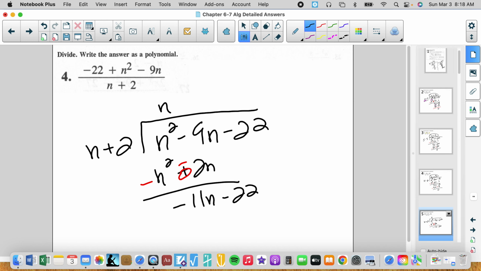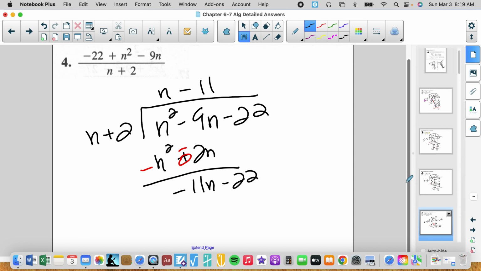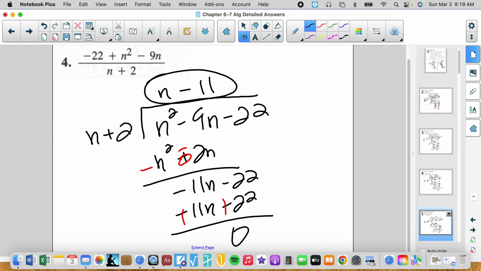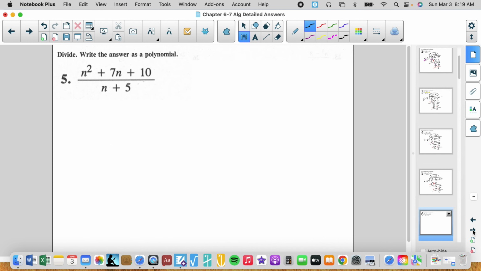So n goes into negative 11n negative 11 times. We're trying to match it up. We want to match it, and then we will change the sign. So negative 11 times n is negative 11n. Negative 11 times 2 is negative 22. And now I'm going to change the signs. And I get 0. And that's a good one. That's a little different.